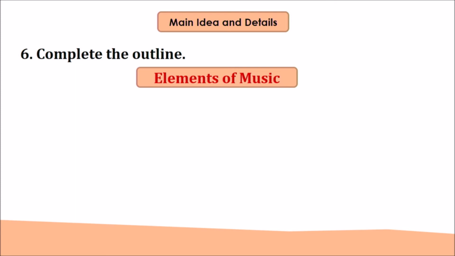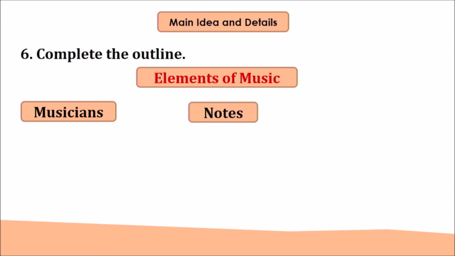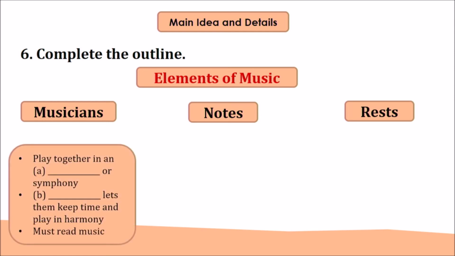Now let us proceed to our question number 6, complete the outline. Under complete the outline, we have the title Elements of Music. Under Elements of Music, we have musicians and notes and rest. Okay? So let us answer first in category musicians. Here's the clue. Musicians play together in orchestra or symphony.